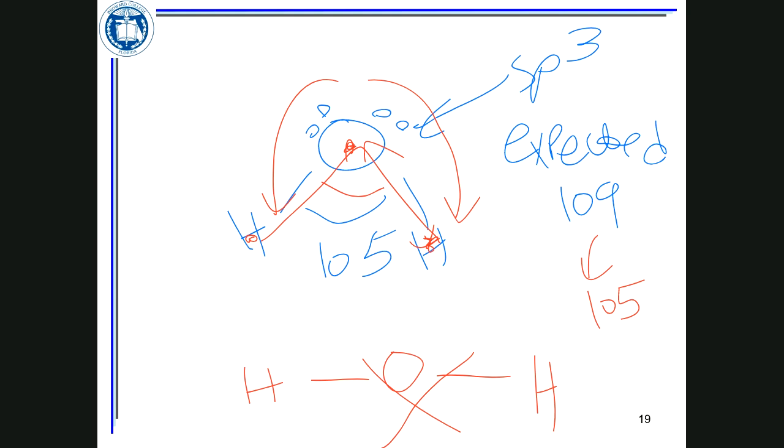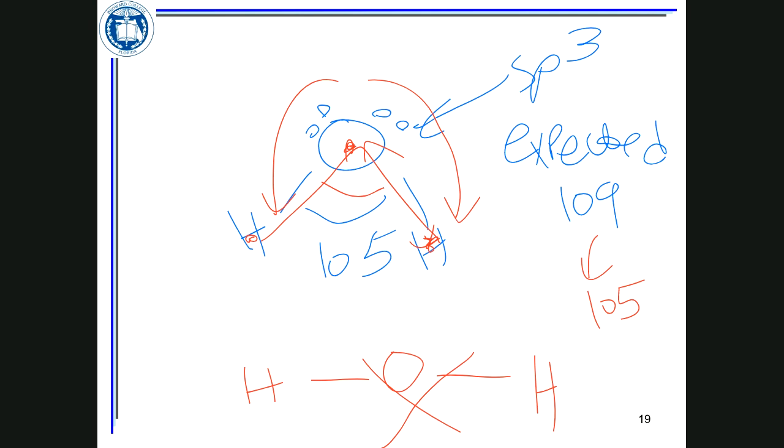Certain bond angles are just the 3 that you need to know. The sp3 is going to be 109, sp is going to be 180, and sp2 is going to be 120. Because you're dealing only with carbon, you don't have a lot to worry about. But these 3, yes, you need to know.